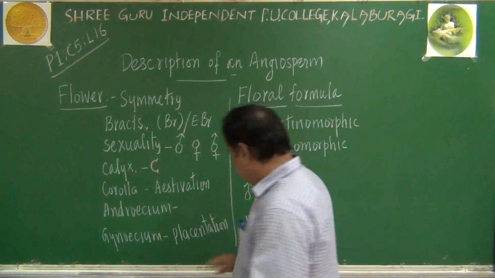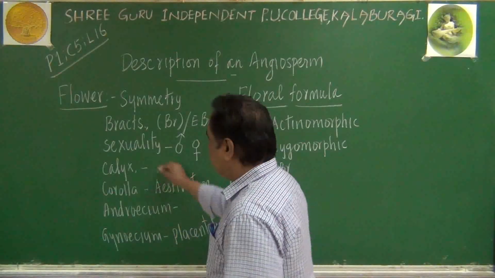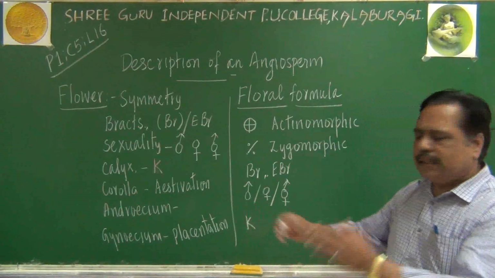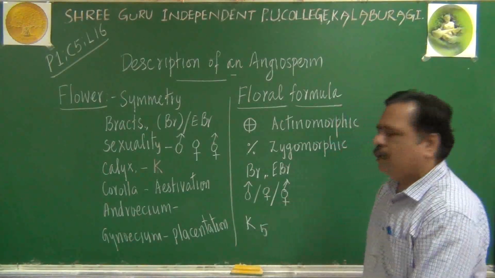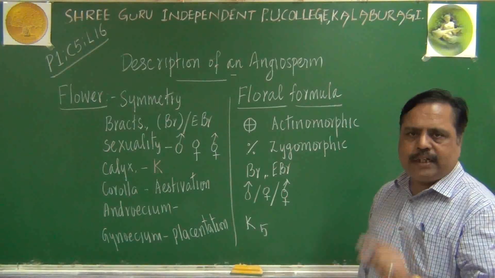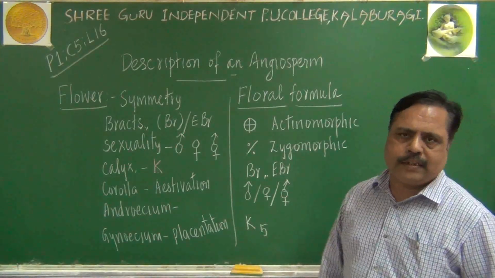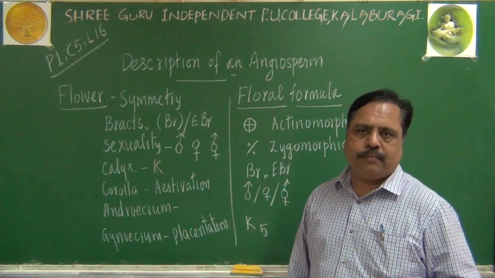K represents calyx. If we use a numerical 5 at the right hand side bottom of the K, it indicates there are 5 sepals present in that calyx. K5 refers to 5 sepals actually.